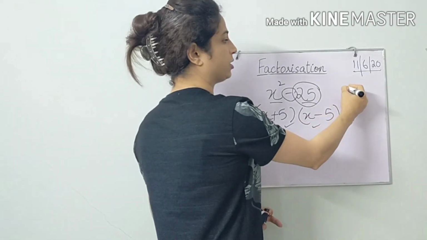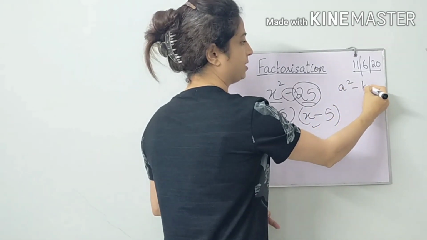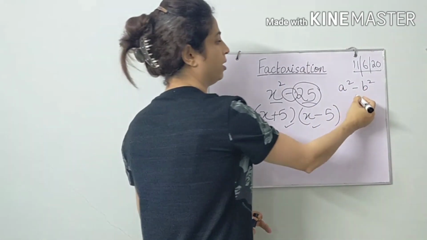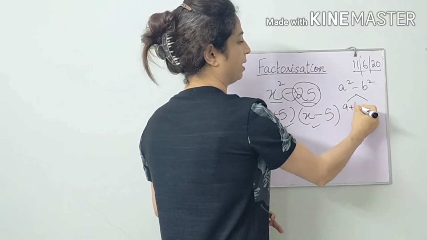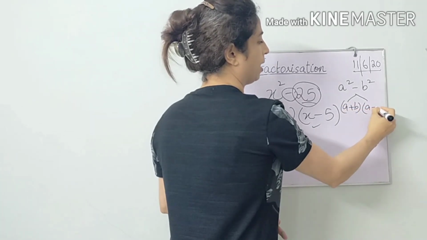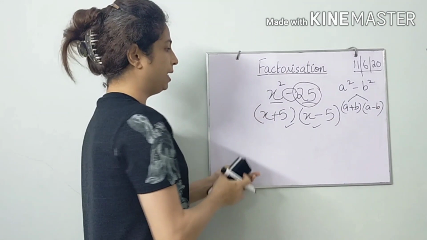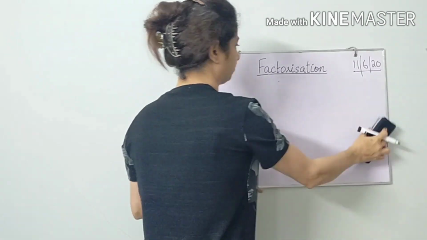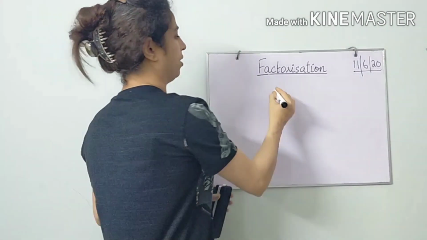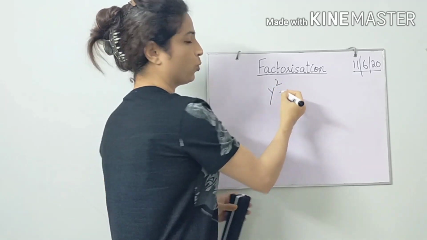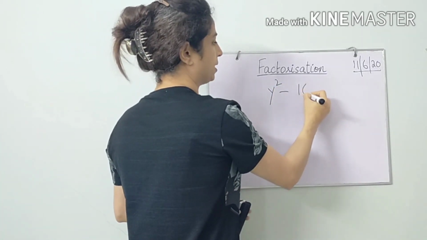So basically there's a formula for this which says a squared minus b squared, and the factors will be a plus b, a minus b. Let's do one more example. Say we have y squared minus 16.